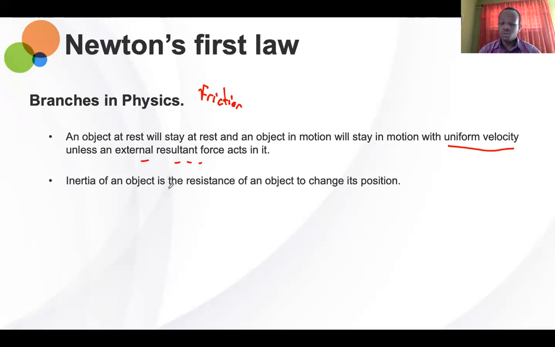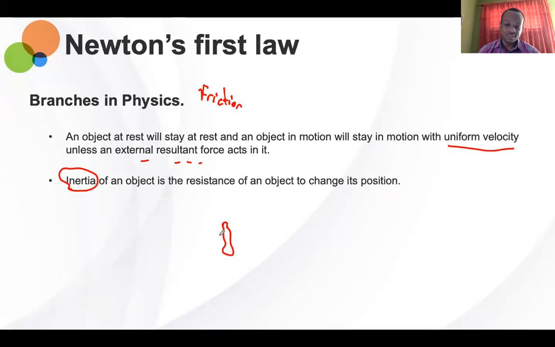All right, remember this word, inertia. This is the resistance of an object to change its position. So if we have a bottle, it will try its best not to move.